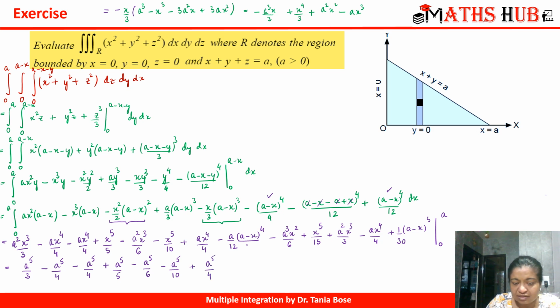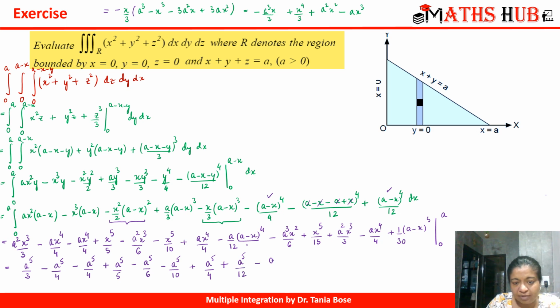Now when I put the upper limit a, it will become 0. And when I put the lower limit, what will happen? I will get a to the power 4, but I will get a plus sign here. So I'll get a to the power 5 by 12 over here.